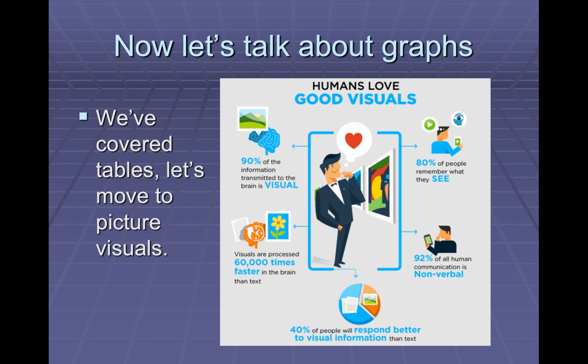Okay, so we've covered tables, so let's move on to picture visuals. Humans like to see visuals. We enjoy them. It helps us to be able to understand what we see. And as statisticians or social science researchers, we want people to be able to use the information that we've found out to be able to make great decisions and improve the world.